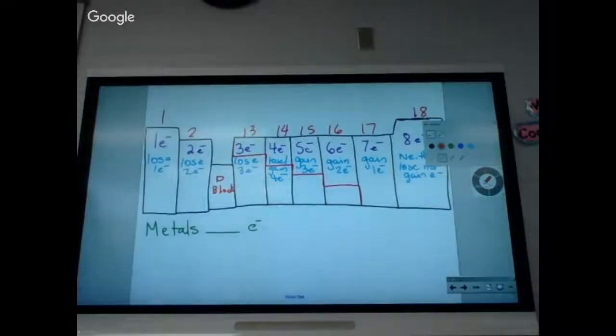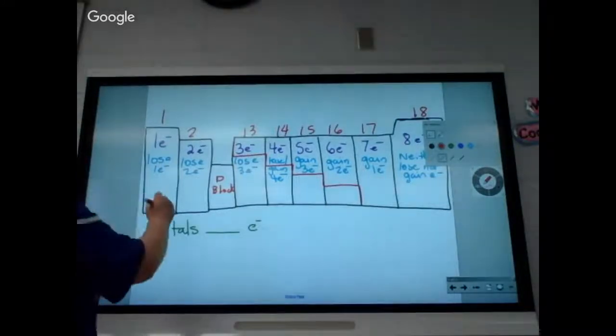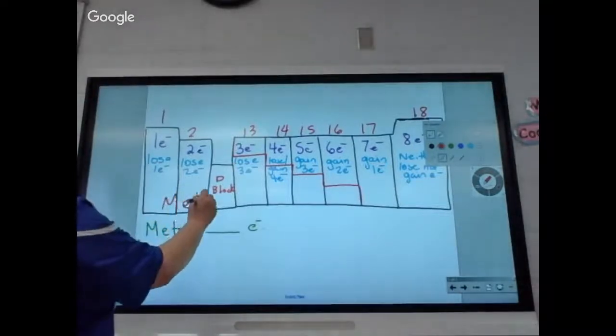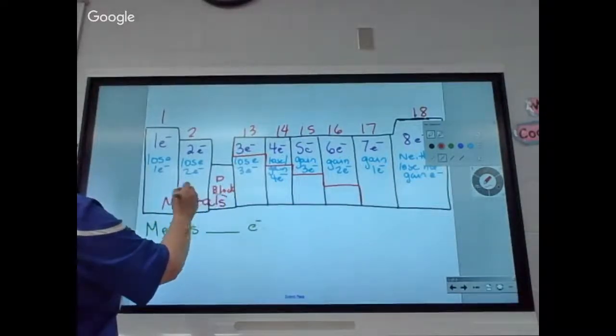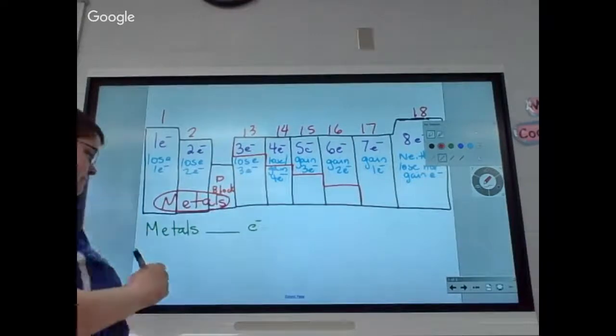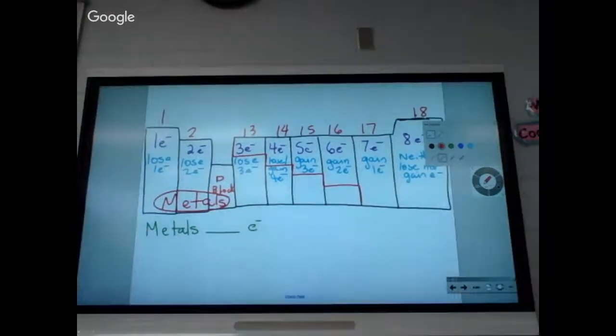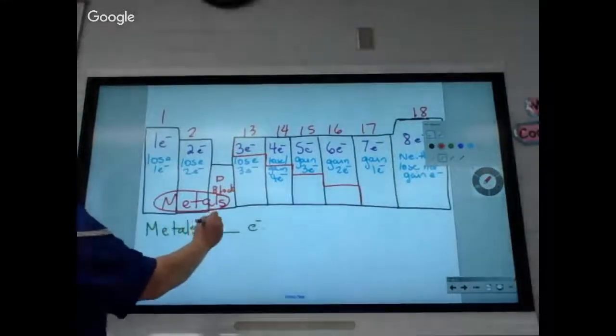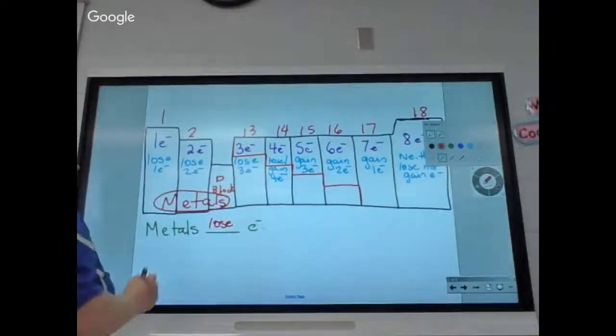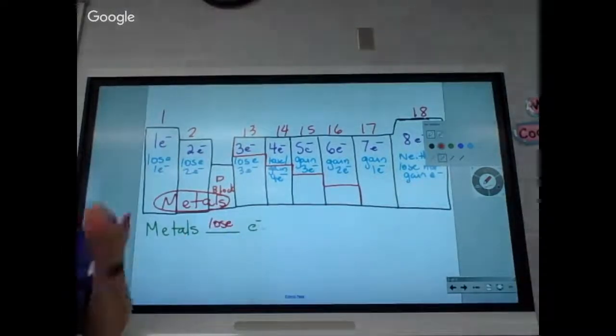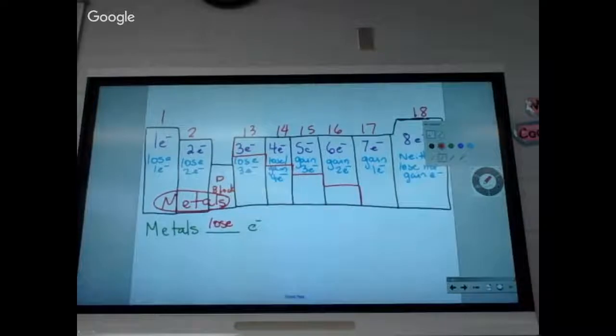On the left. So metals are over here. What do metals do with electrons? Lose. Metals lose electrons every day of the week. That's a general trend that we should notice based on what we did yesterday. Metals always lose electrons.